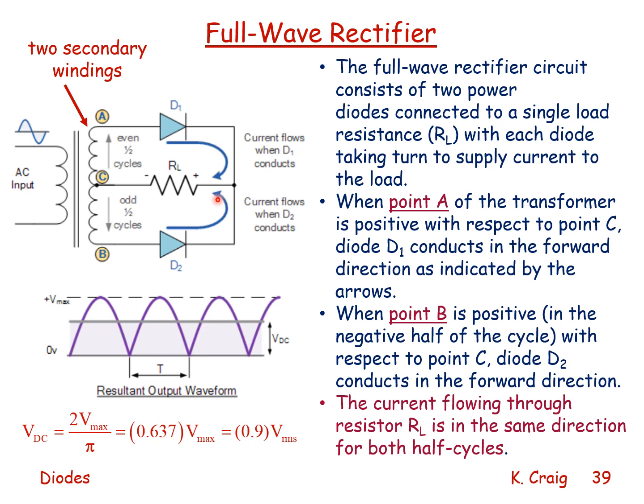The current flowing through the resistor RL is in the same direction for both half cycles. The DC voltage is now equal to 2 times Vmax divided by pi, or 0.637 Vmax, which equals 0.9 of Vrms.